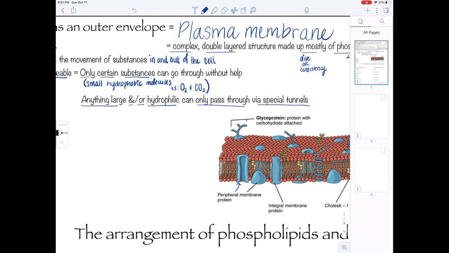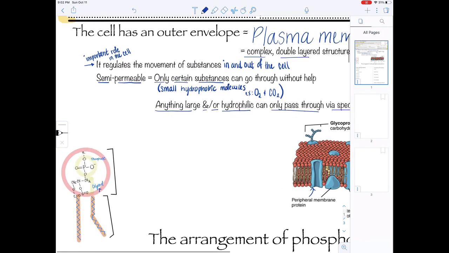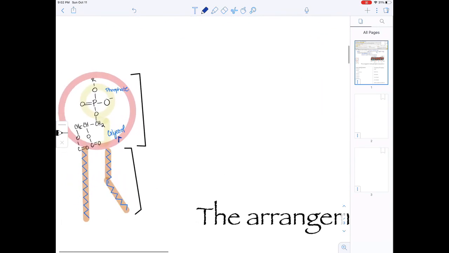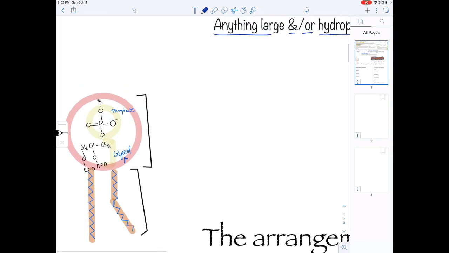The reason why it needs to be that way is if we look closely at the structure of our membrane. At the top of our plasma membrane, which sometimes is also referred to as the phospholipid bilayer. Now, remember we looked at phospholipids back when we learned about our lipids.